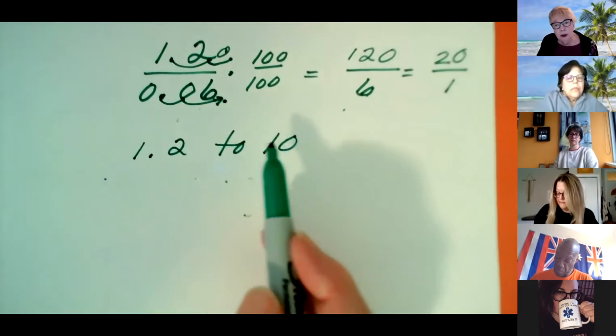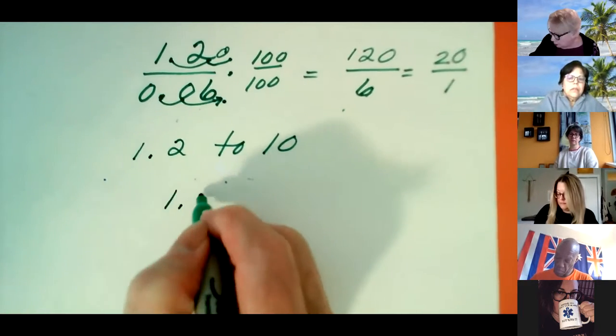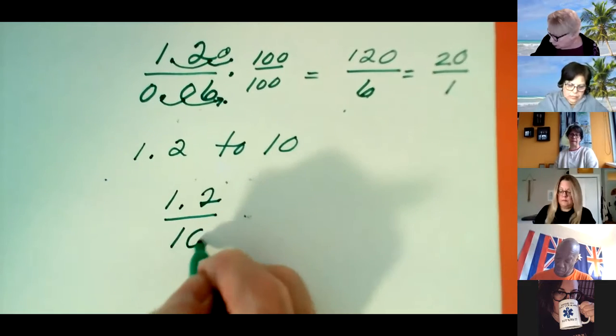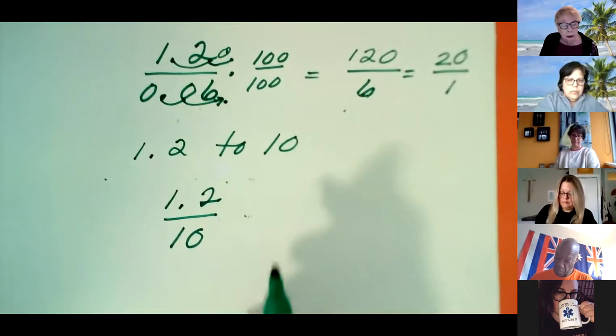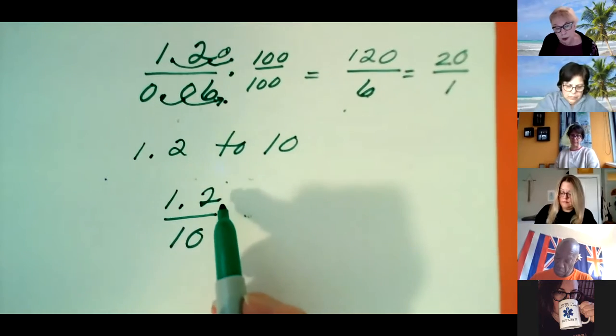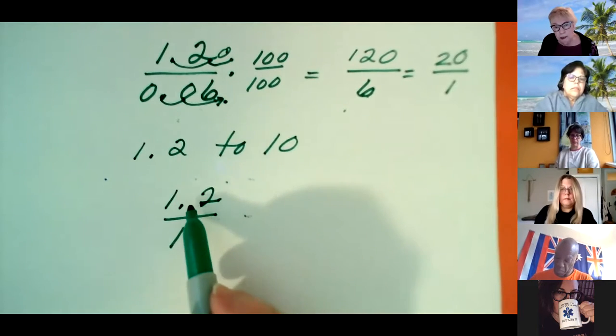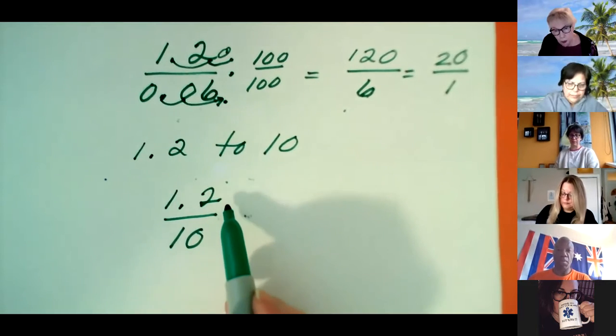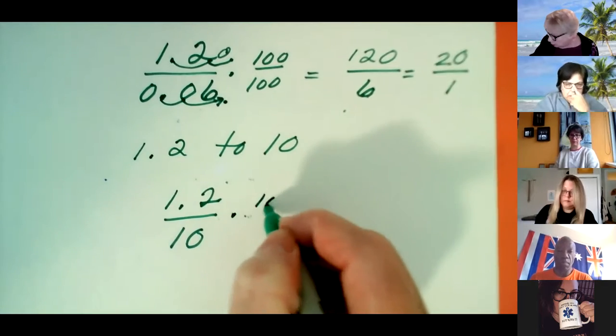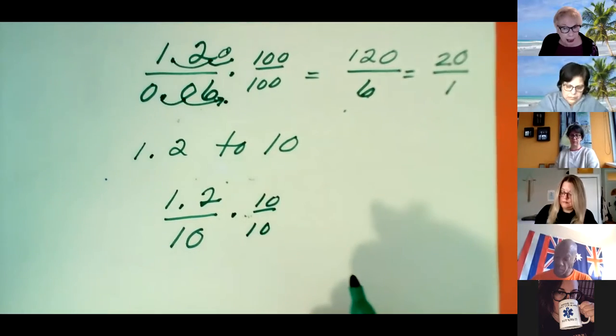So one's a decimal and one's not. I think this is your best approach, is to write it like this as a fraction. You say, oh my gosh, well, this sort of correlates with that. I've got to multiply this by 10 to get a whole number. So I end up multiplying both of them by 10.